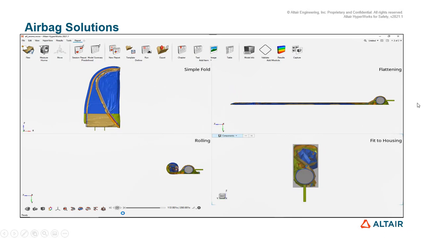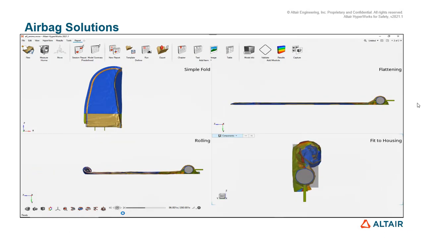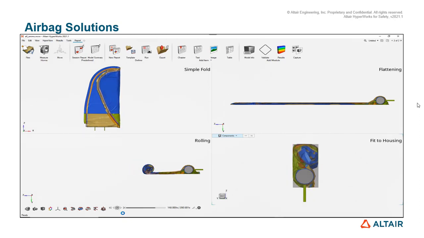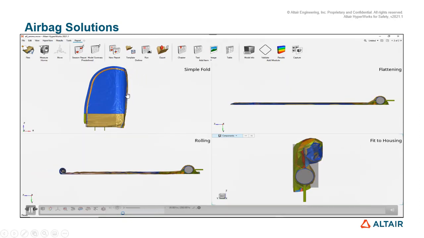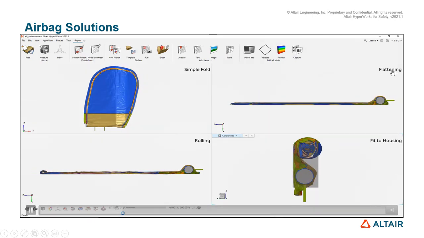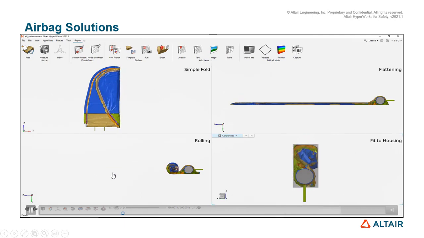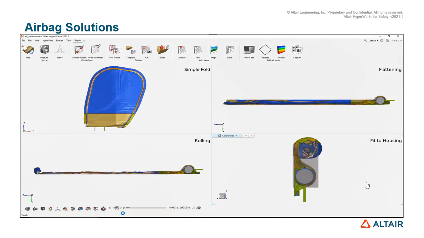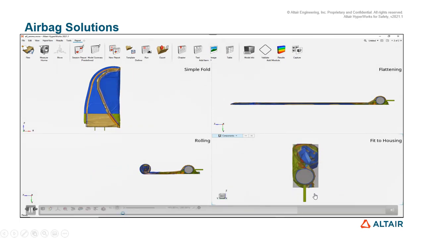So this slide shows the process of airbag folding. The first window shows simple fold. This simulation is done and then you get that result for the flattening, and after the flattening you do rolling, and after that you have to fit that airbag into the housing or the canister.